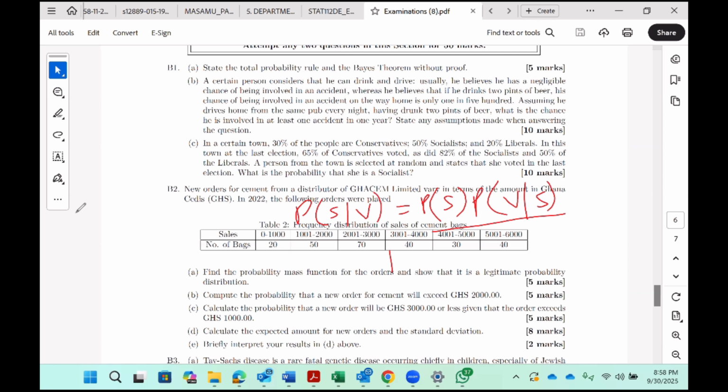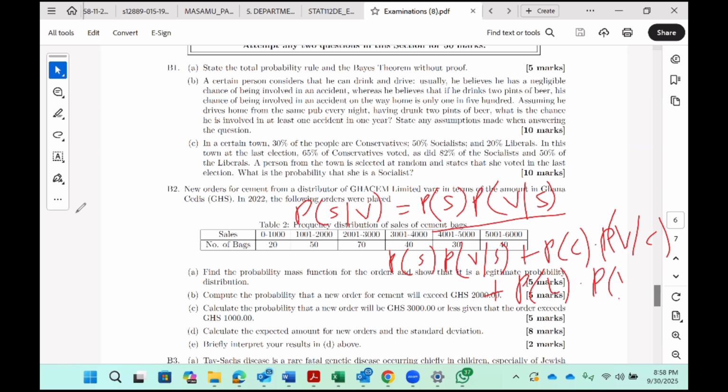That is the probability that he's a socialist times the probability that he voted given socialist, plus the probability that he's a conservative times the probability that he voted given conservative, plus the probability of liberal times the probability that he voted given liberal.